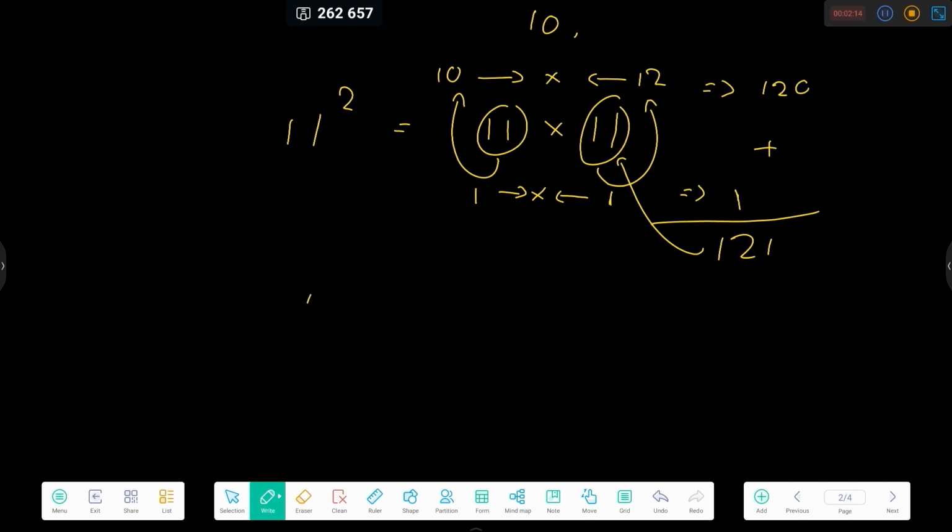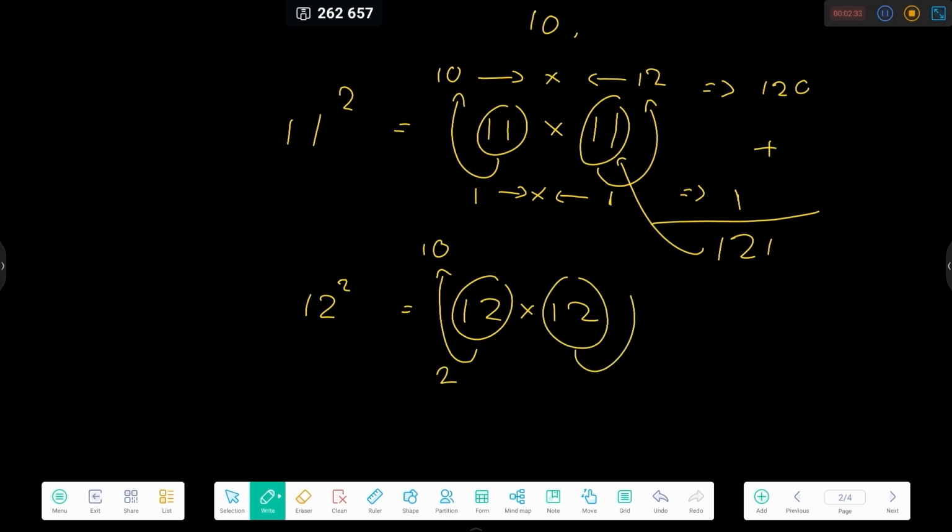Okay, now let's solve 12. 12 square again is nothing but 12 into 12. Let's round it off again to the nearest 10, which is 10. We'll be subtracting 2, so obviously we're adding 2 to the other 12, which is making it a 14.